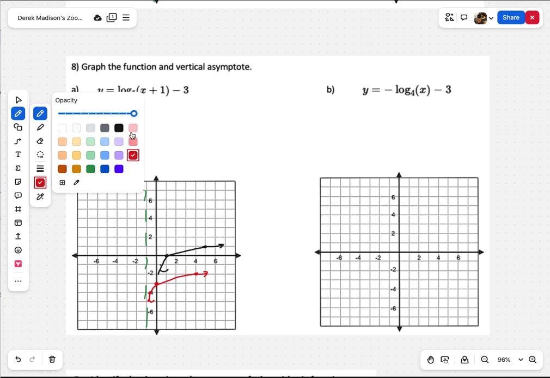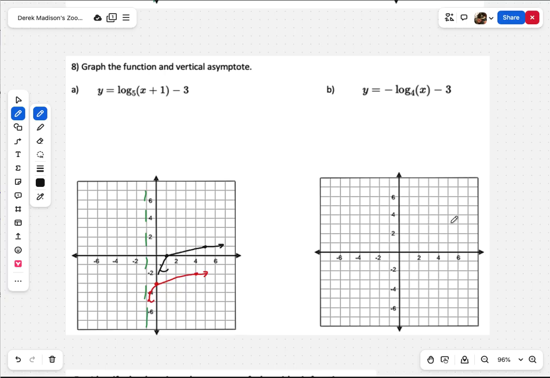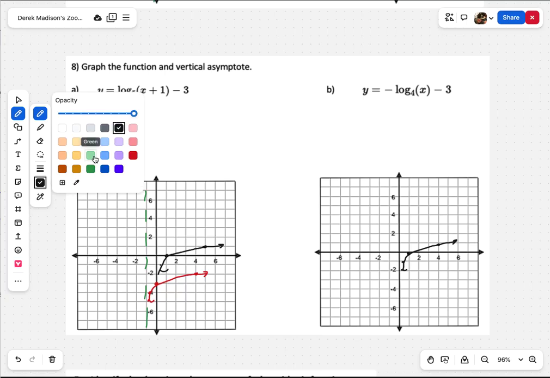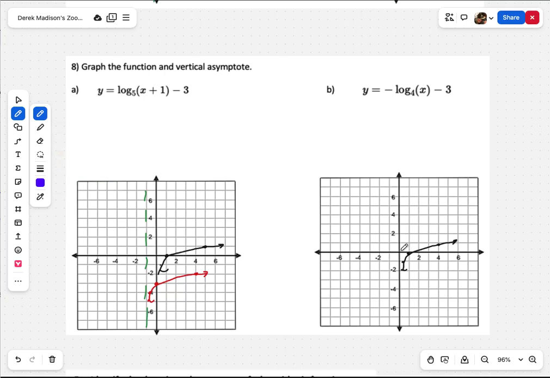And lastly, we have this one over here. So again, I'll do the parent function. This one is base 4. So it would look kind of like that. This one has a negative in front, so that's going to be our reflect across x. So let me draw that much. So that means this would reflect up here, and this would reflect down there. That one's kind of the hinge.